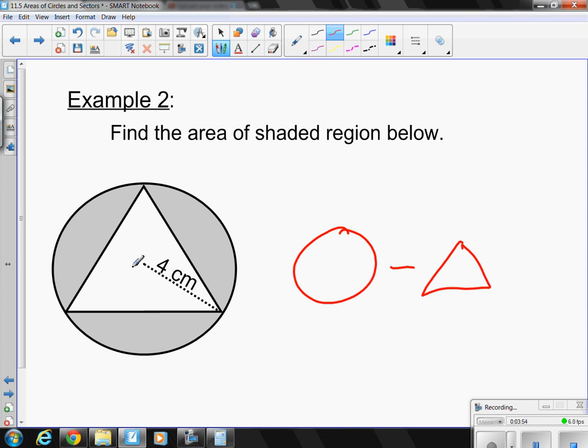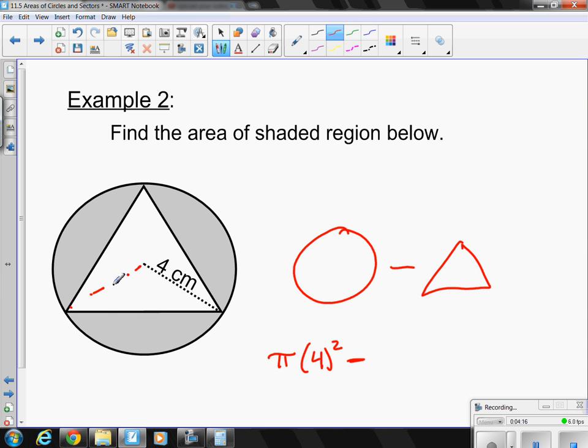So the area of the shaded region is going to be pi times the radius of the circle squared minus the area of the triangle. To find the area of this triangle, I'm going to look at the triangles inside of here.